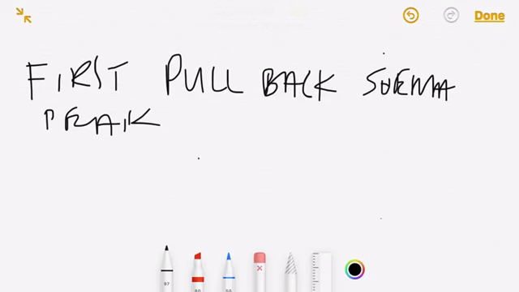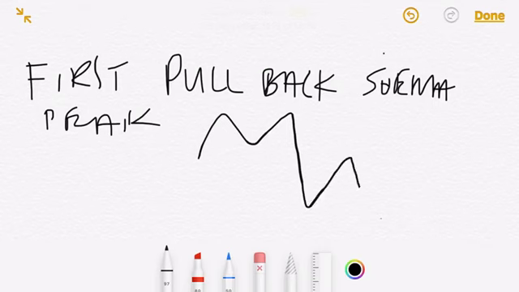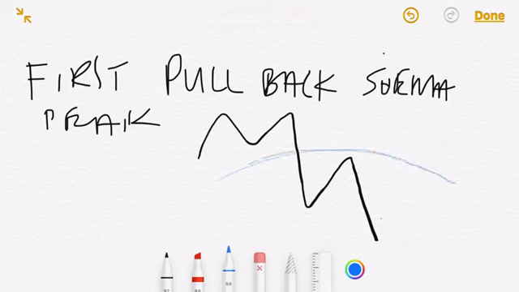So in other words, it means we have a peak, then we have a pullback. It will mean that maybe our 50 EMA is moving right there. I hope this is clear. An ID50 is the first pullback to the 50 EMA from the peak.